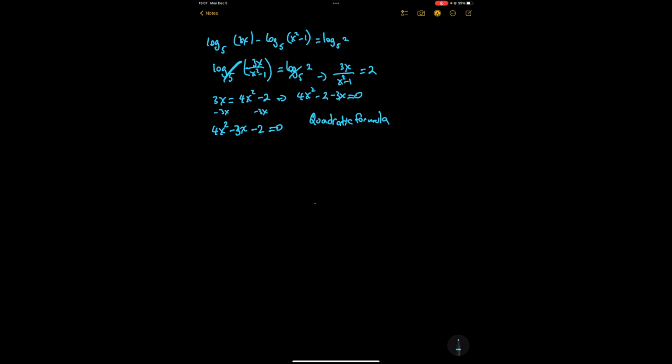Do you guys remember your quadratic formula? Well, if you don't remember, it's negative b plus or minus square root of b squared minus 4ac over 2a. So negative b, what is b? B is negative 3, plus or minus, what is b squared?